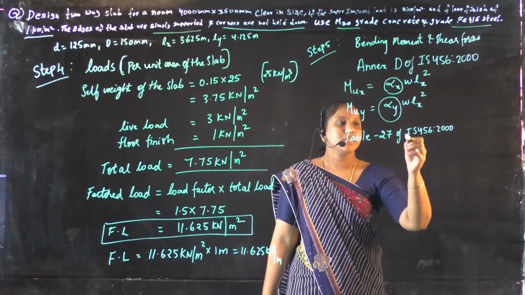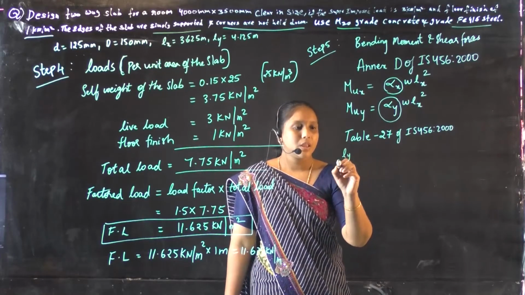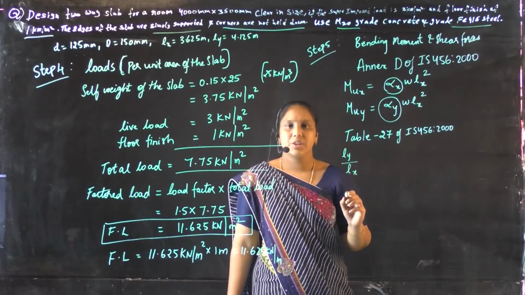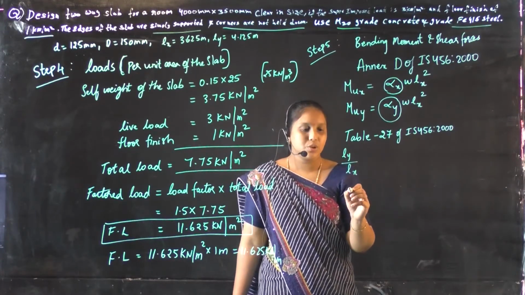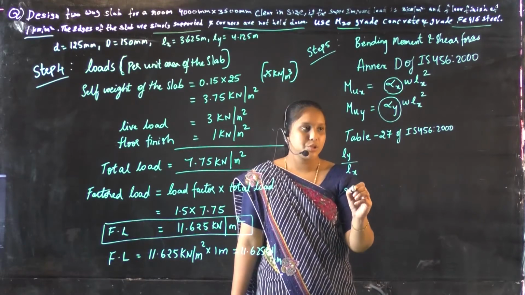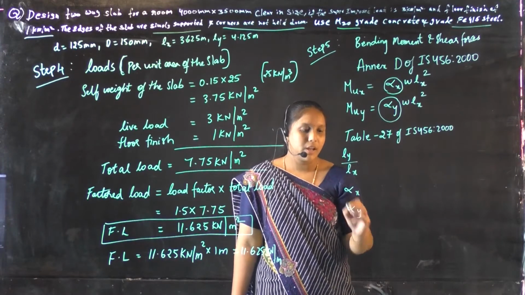In this table you'll have the Ly by Lx ratio, and for different values of Ly by Lx ratio, you'll have the bending moment coefficients alpha x and alpha y.